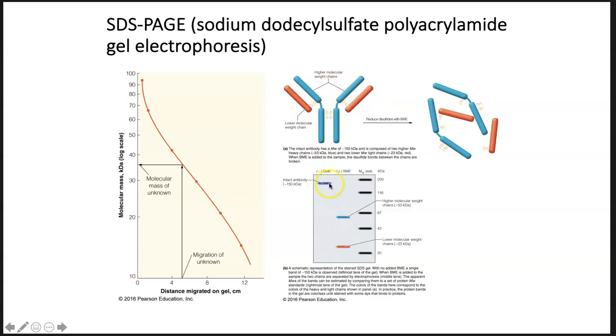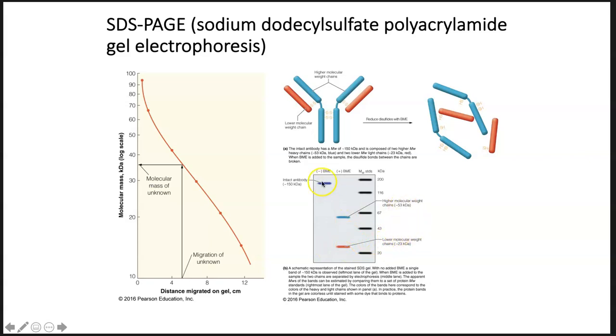And so without BME, this antibody runs at 150 kilodaltons because it's the entire chain together. However, if you use a denaturing agent to break those disulfide bonds apart, now we have two blue chains and two red chains, and this thing runs at around 53 and 23.